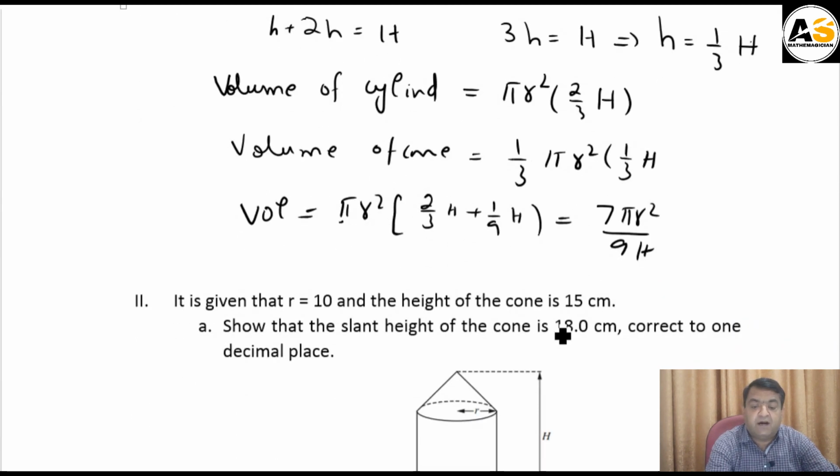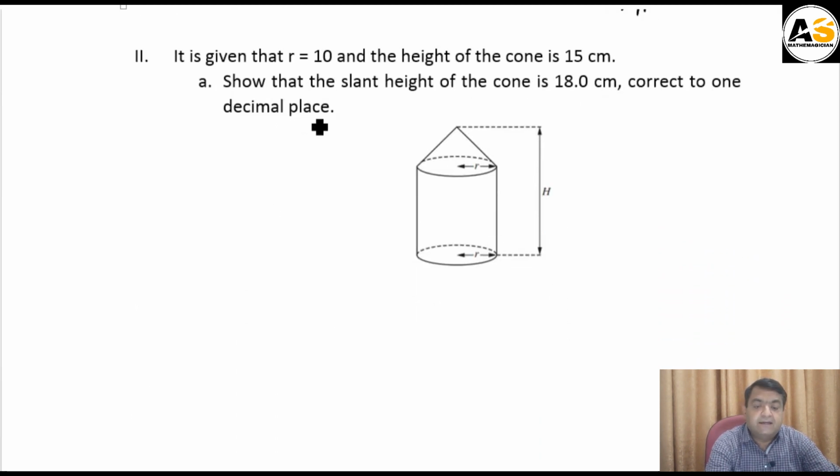Now in the second part, we are given that this radius r is 10 and this height of the cone is 15. Okay, this is 10 and height of the cone is 15. We have to show that slant height of the cone is 18 centimeter.